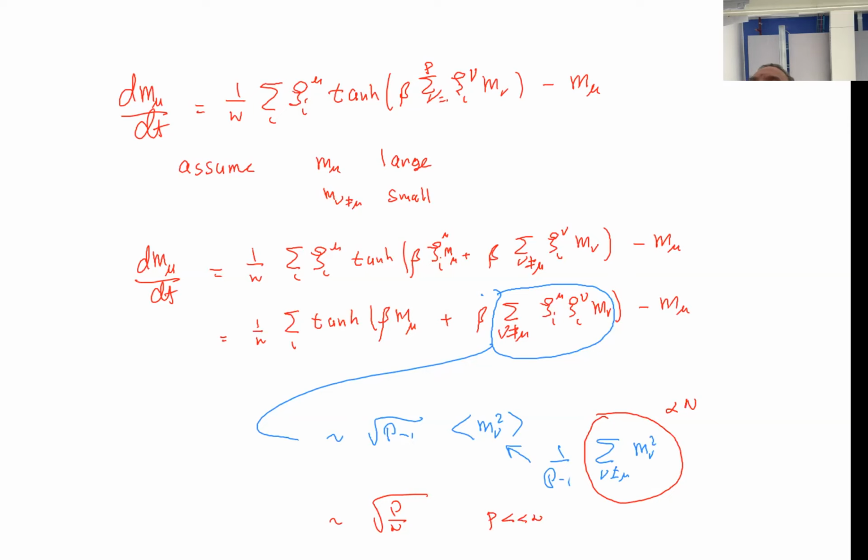We're working the finite connectivity case, where p is much less than k. What we get when all is said and done is dmu/dt equals tanh of beta mu plus beta times some random variable, eta of t.